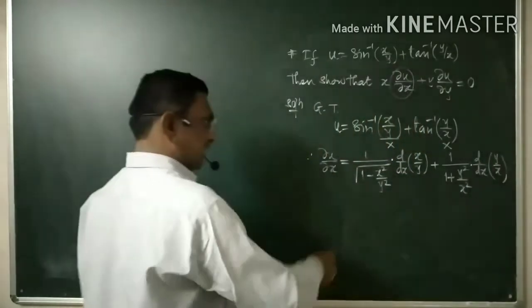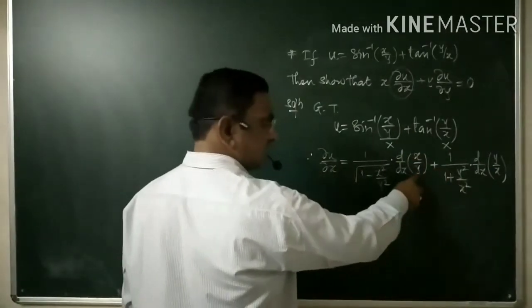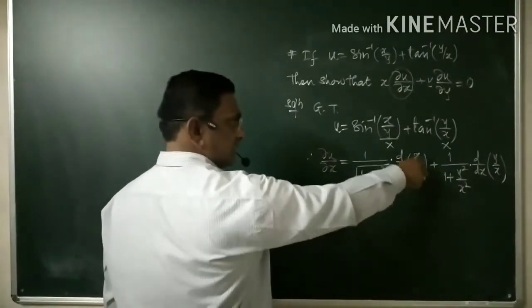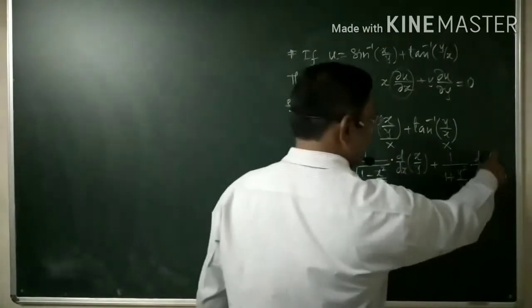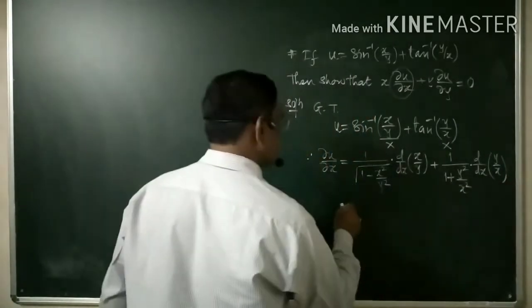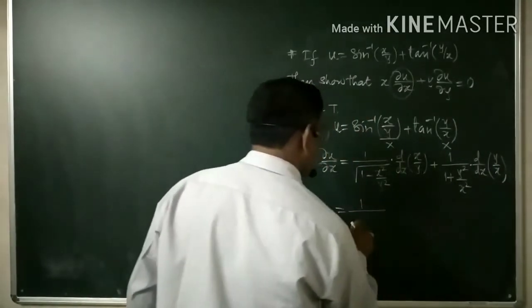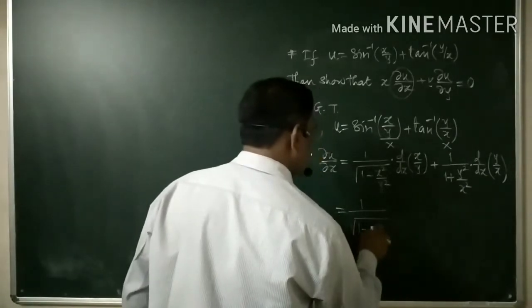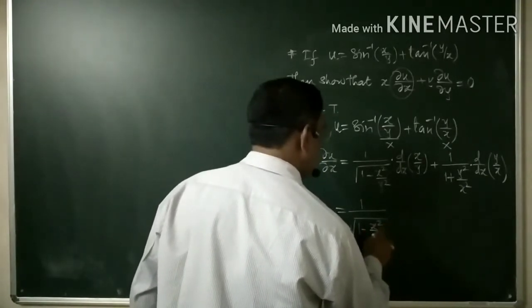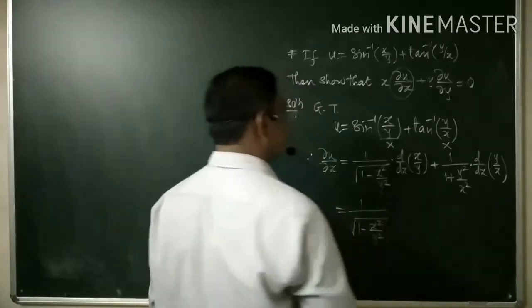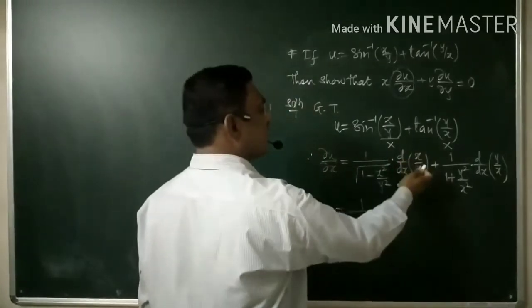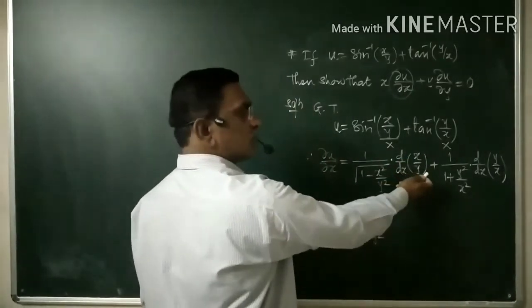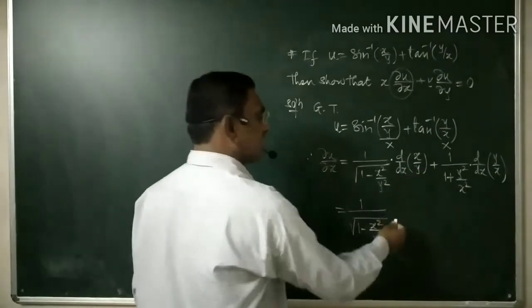Now you need to again take the derivative of x upon y with respect to x and y upon x with respect to x, which is equal to 1 upon root of 1 minus x square upon y square, into the derivative of x upon y with respect to x. You need to take y as a constant.